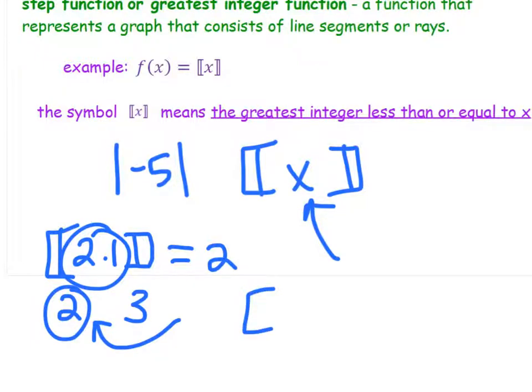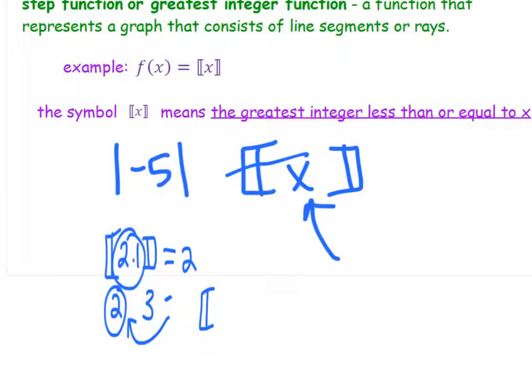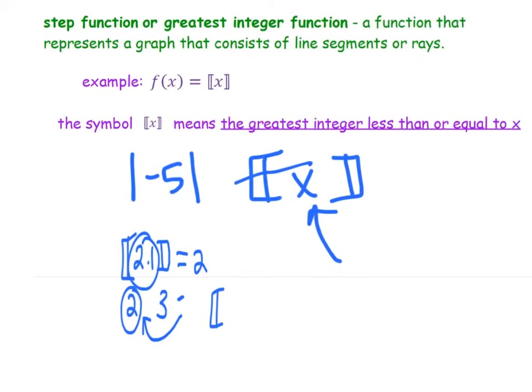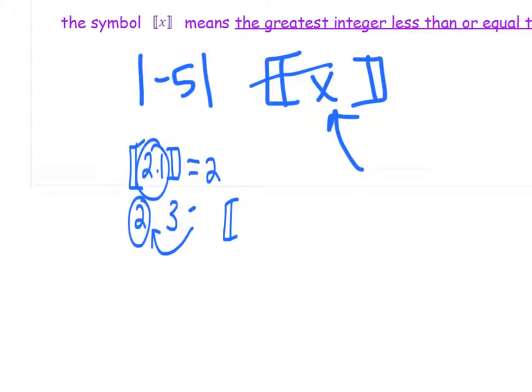Another example: it can be a little trickier when you have negative numbers. You just got to be careful. So if it was negative 2.9 in the greatest integer function, then negative 2.9 is between negative 2 and negative 3. Which one's smaller?